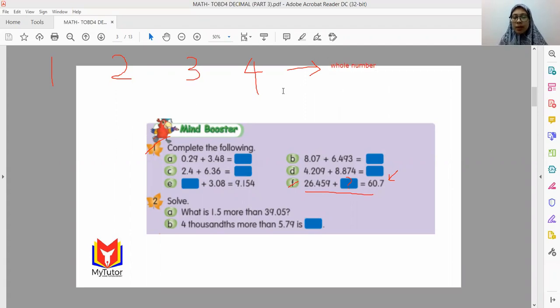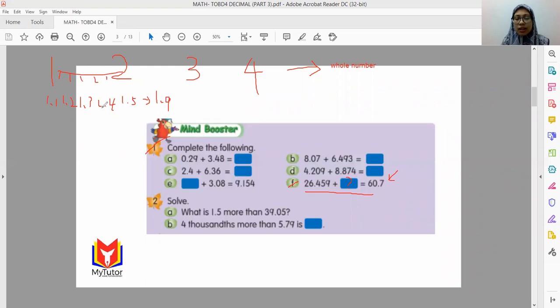But with decimals, let's say 1 to 2. To get from 1 to 2, you will probably have a lot in between. You're going to have 1.1, 1.2, 1.3, 1.4, 1.5, like that, until 1.9. This is what we call decimals.